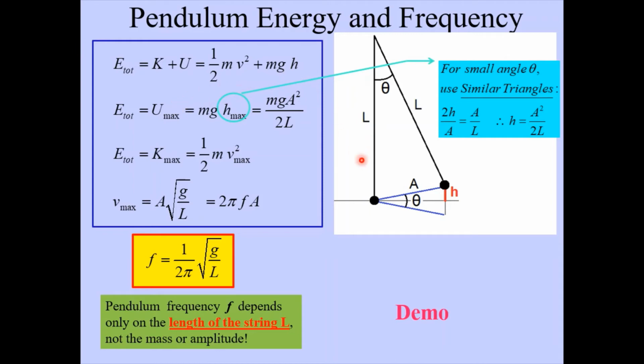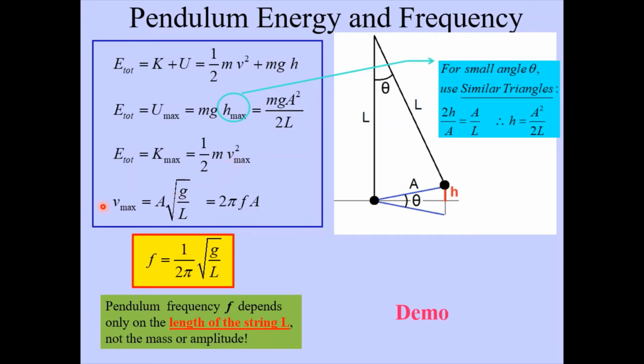So after doing some geometry with the pendulum and so forth, we get this formula here that the total energy of the pendulum is equal to mg times a, which is the amplitude, squared, divided by 2 times L. L is the length of the string here. So the total energy is also equal to 1/2 mv max squared.